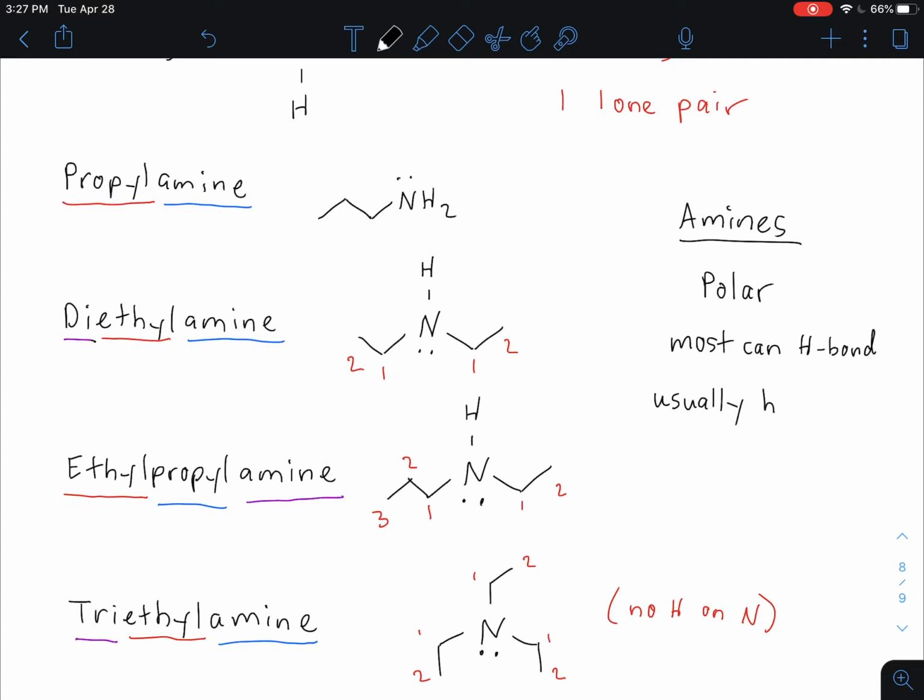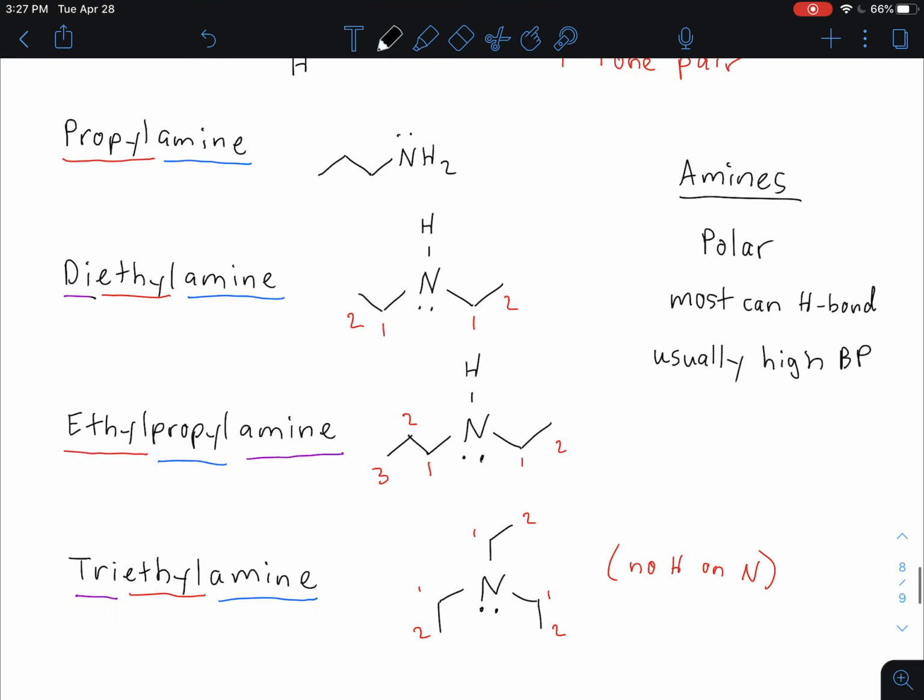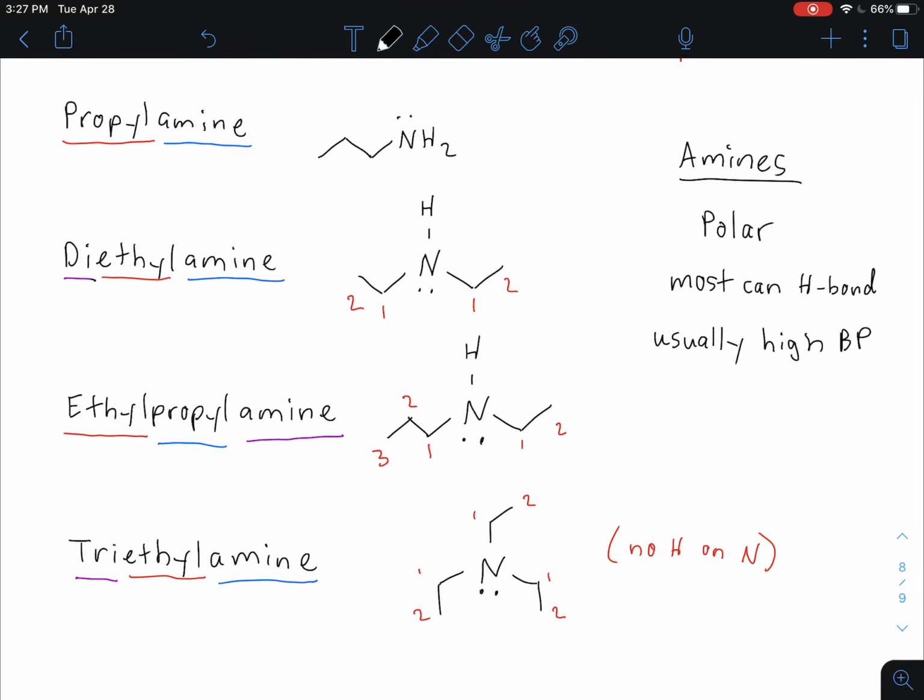And because they're polar and can hydrogen bond, usually they have a high boiling point. The only thing that's going to be different is the fourth one, triethylamine. That can't participate as a hydrogen bond donor because it doesn't have a hydrogen attached.